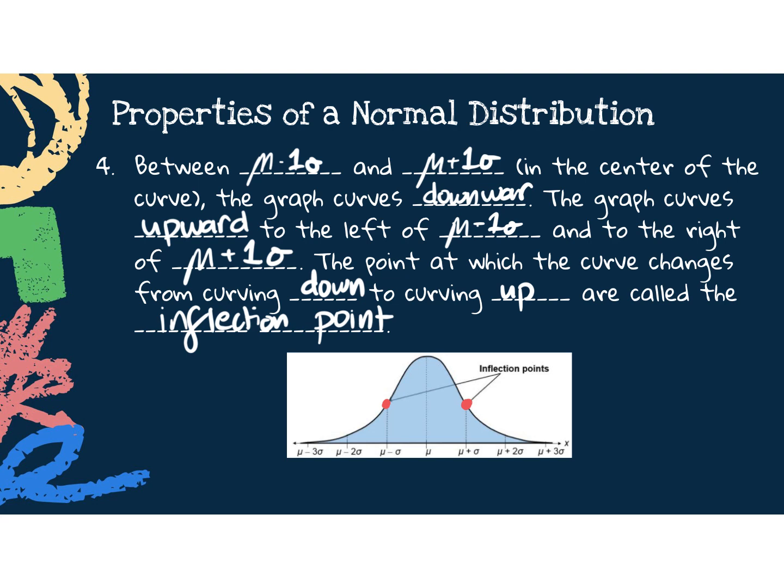And then it curves upwards to the left of mu minus 1 sigma and to the right of mu plus 1 sigma. The point where it goes from curving down to curving up, we call the inflection points. The really important thing to get from that is that those inflection points are at plus 1 sigma and minus 1 sigma.